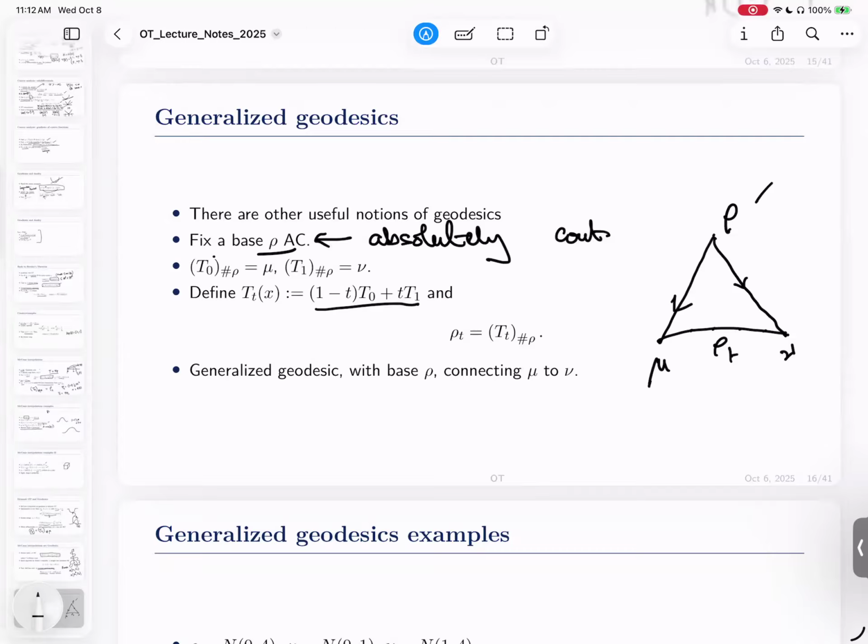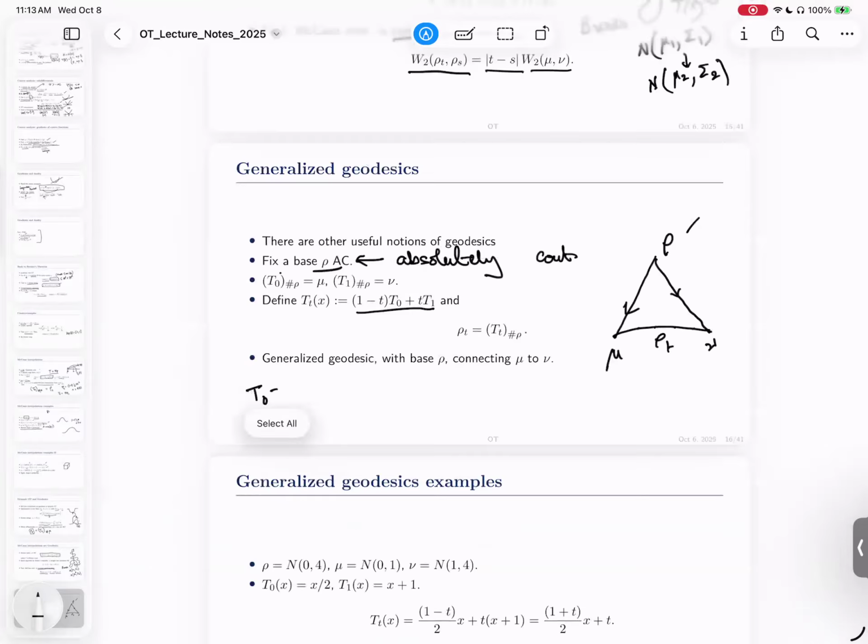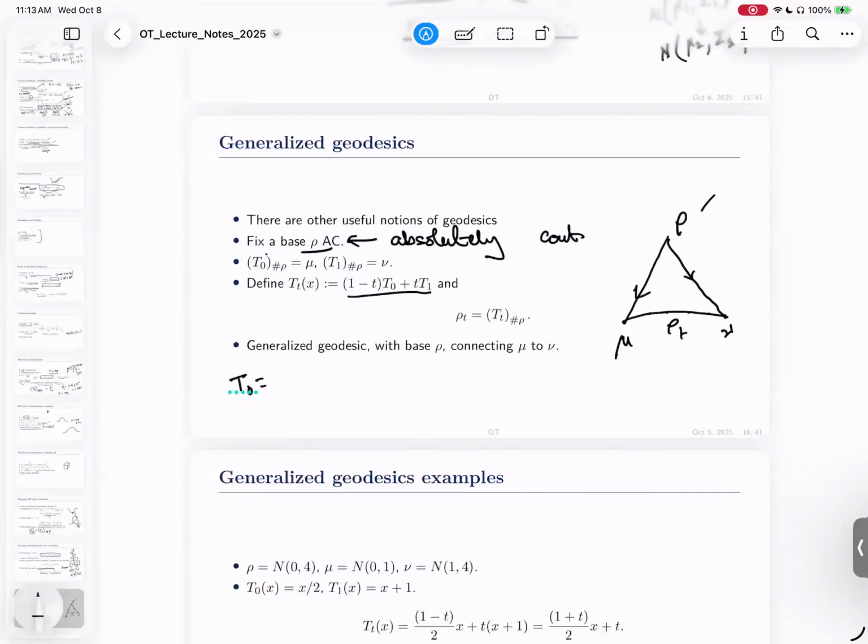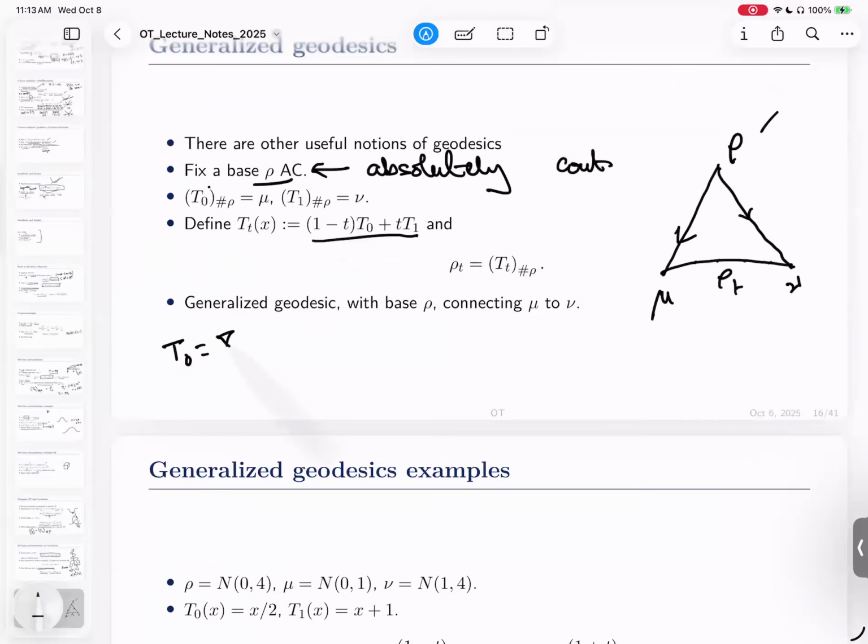Same question: is this map that I'm getting, that is push forwarding rho to rho t, does this satisfy Brenier's condition that it is a gradient of a convex function? The answer is yes, because by my assumption, T0 is optimal. It's actually the gradient of some convex function phi0.